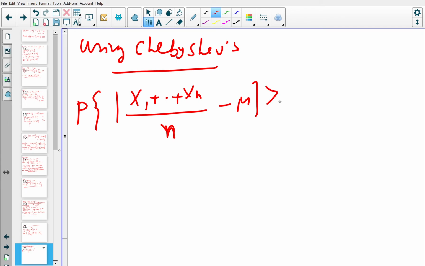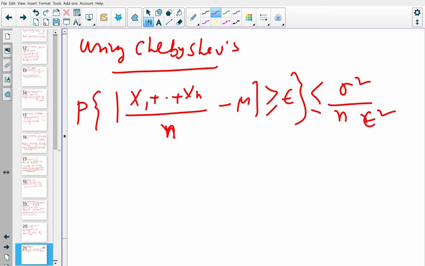Remember in the theorem it was k. So this quantity is bounded above by the variance, which is sigma square by n, divided by k square, which is epsilon square.